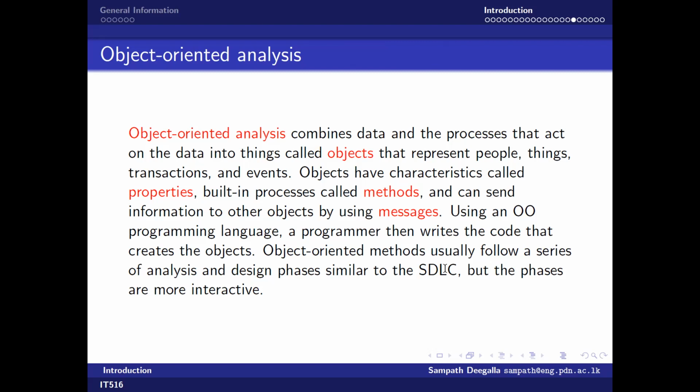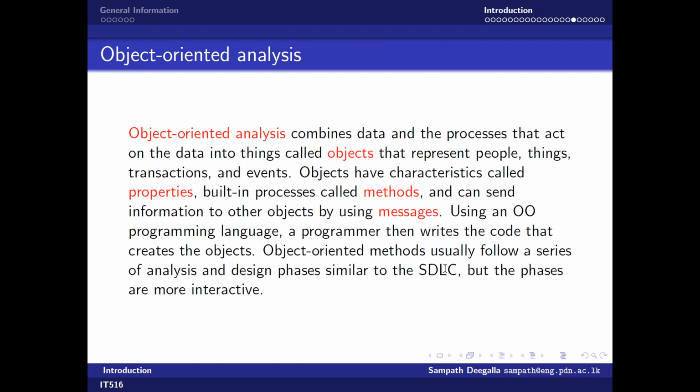If you take a lecturer, for example, a property could be his qualifications. Then there are processes, which we call methods, like teaching or setting examinations, right? And then each of these objects can pass messages. So this is how object orientation is, right?